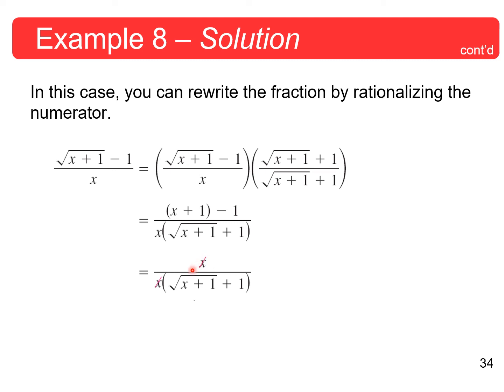So we can cancel the common factor here, and then therefore we come up with an expression 1 over the square root of x plus 1 plus 1, and this is equivalent to this fraction here whenever x is not equal to 0. So these two will have the same graph except at x equals 0.